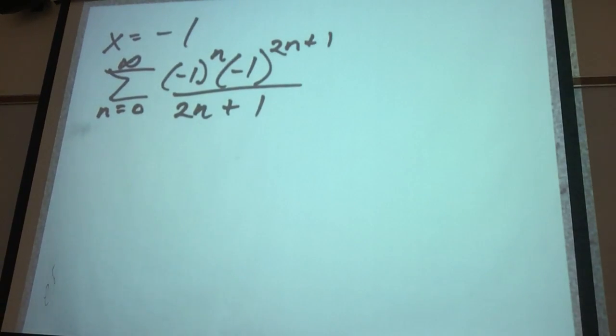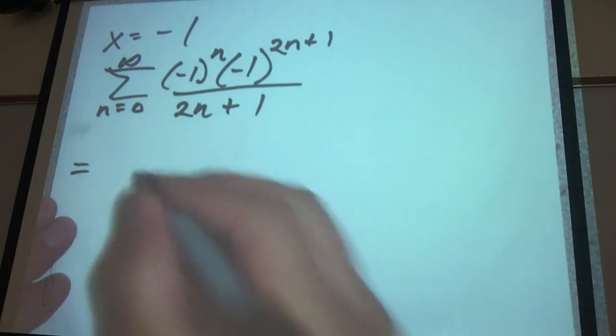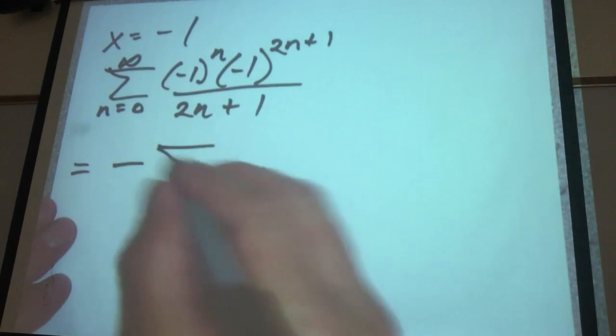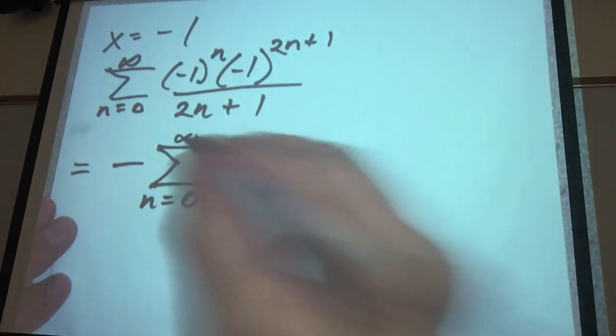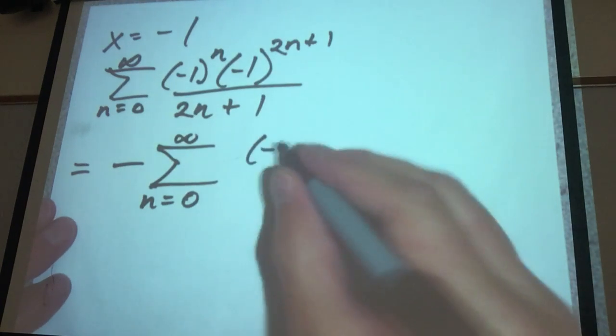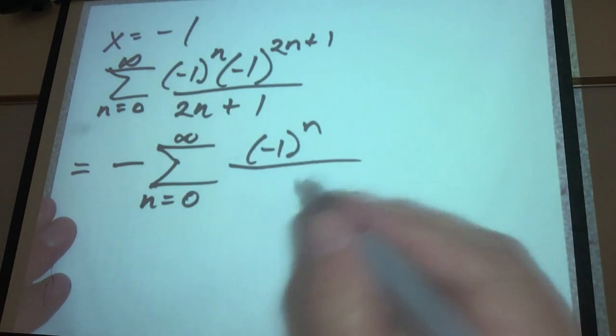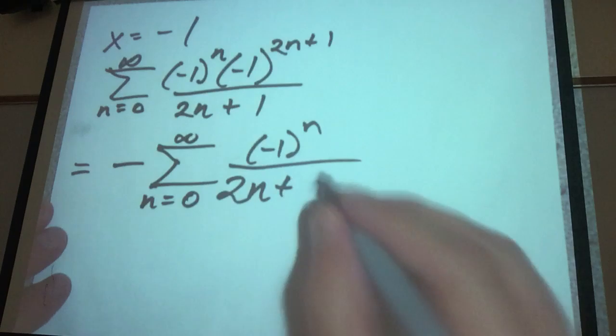And so this would equal the negative of the sum n equals 0 to infinity of negative 1 to the n divided by 2n plus 1.